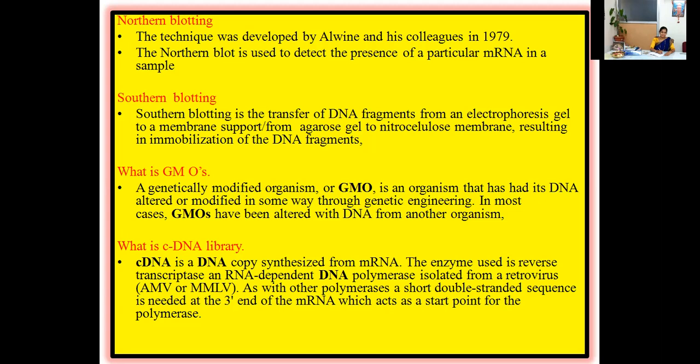As with other polymerases, a short double-stranded sequence is needed at the 3' end of the mRNA, which acts as a start point for the polymerase. So what is cDNA here? The cDNA is the complementary DNA synthesized from mRNA using the reverse transcriptase enzyme, the RNA-dependent DNA polymerase. They need an RNA template, but they synthesize the DNA molecule.